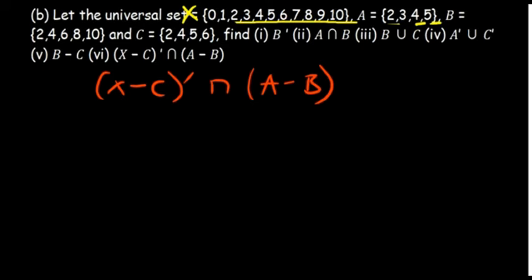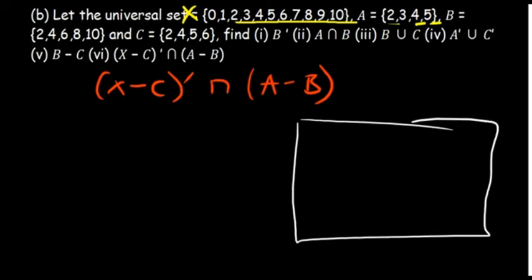What we're basically going to do is say our x minus c is like what you have: you have your universal set, and then you have your c there. If you subtract or remove set c, what is going to remain is everything outside c.